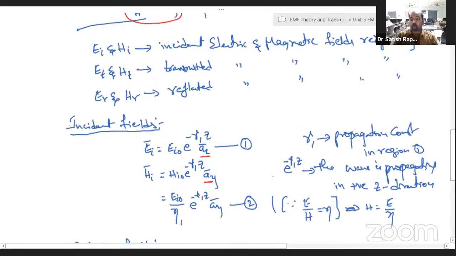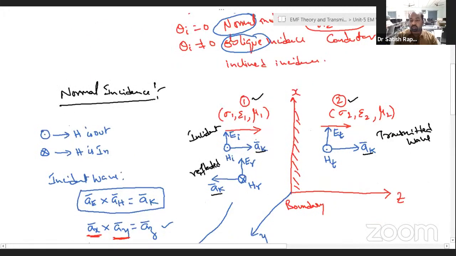In the incident wave and in the transmitted wave, the magnetic field is represented with a dot in a circle, which means the direction of the magnetic field is in the positive Y direction, and a cross in a circle means the direction of the magnetic field is in the negative Y direction.